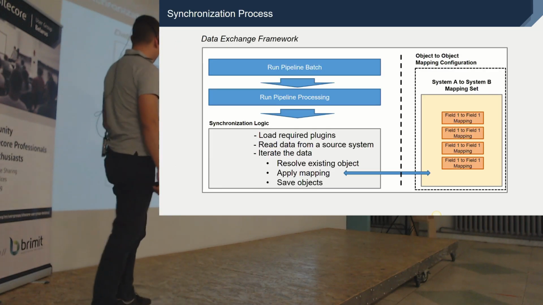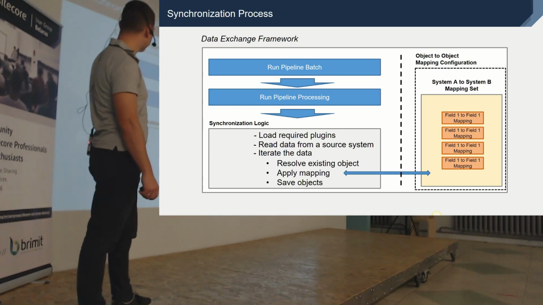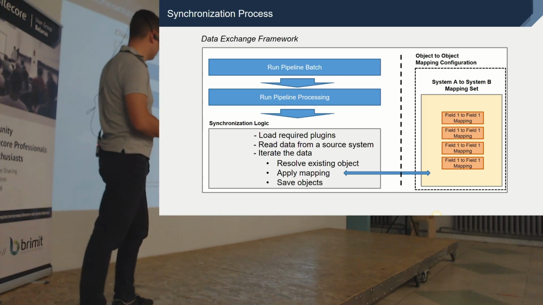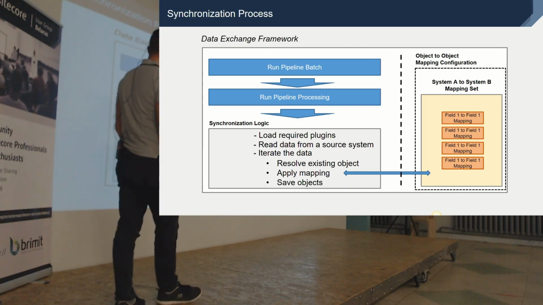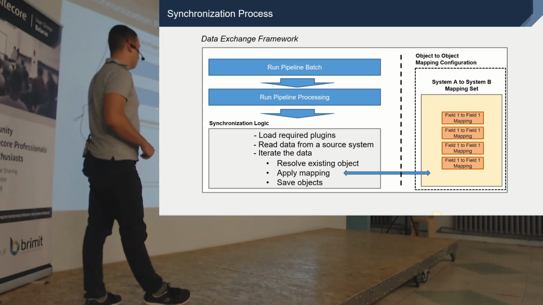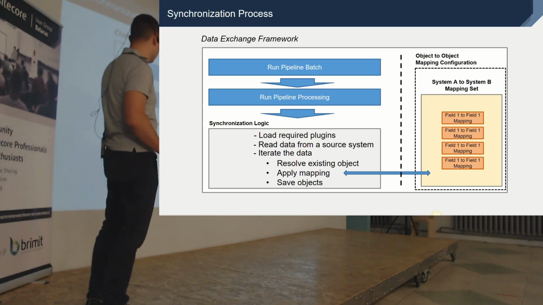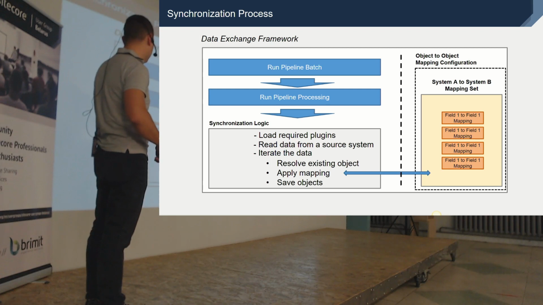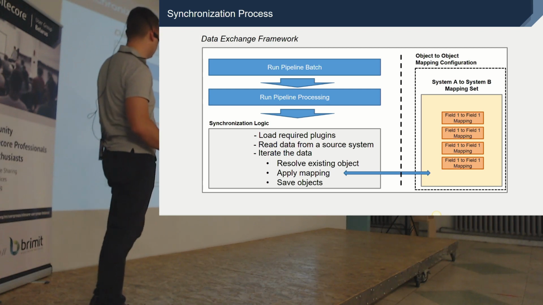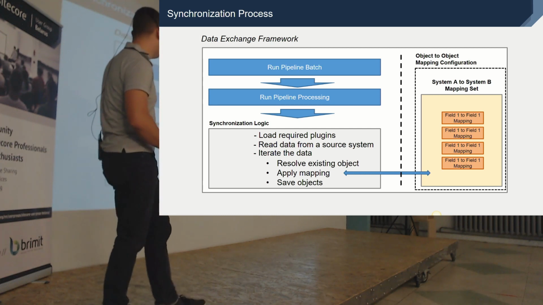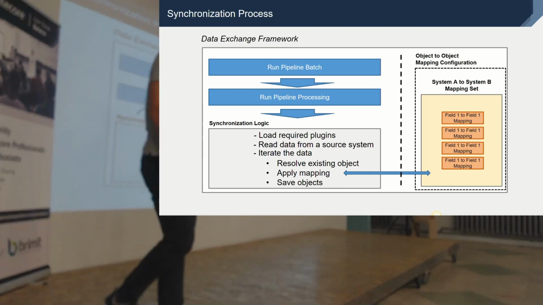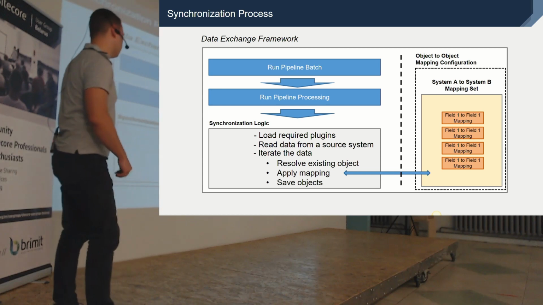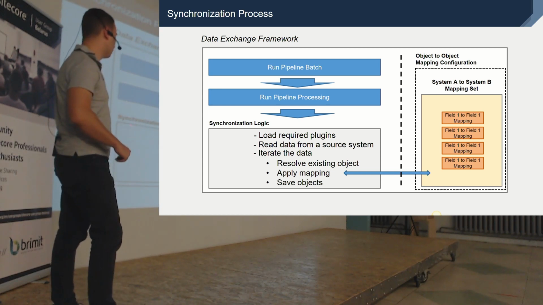So the next stage is the synchronization process. Everything starts from running the pipeline batch, which at the same time runs the pipeline processing, and our synchronization logic sits exactly in the pipelines. I defined some general pipeline steps and pipelines that are common for each mapping, like load required plugins.